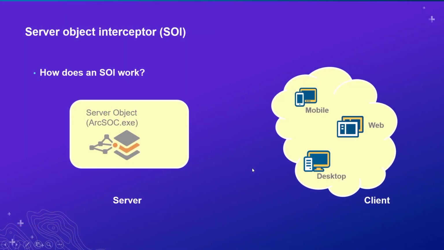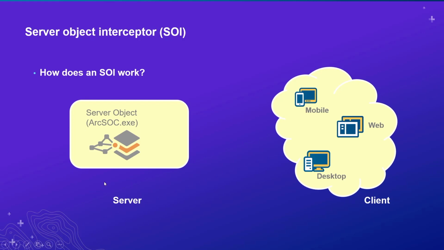So let's talk about SOI first. How does an SOI work? Before we answer this question, we need to understand the server-client model. This diagram demonstrates a very typical server-client model. Starting from the server side, assume we have a map service here.